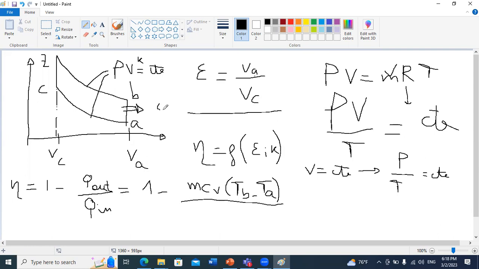Qout here is between A and B, while Qn is between C and Z. So what can we write then? Qn is mCv, between points Z and C. Of course, TZ is larger than TC. So it's mCv times TZ minus TC.